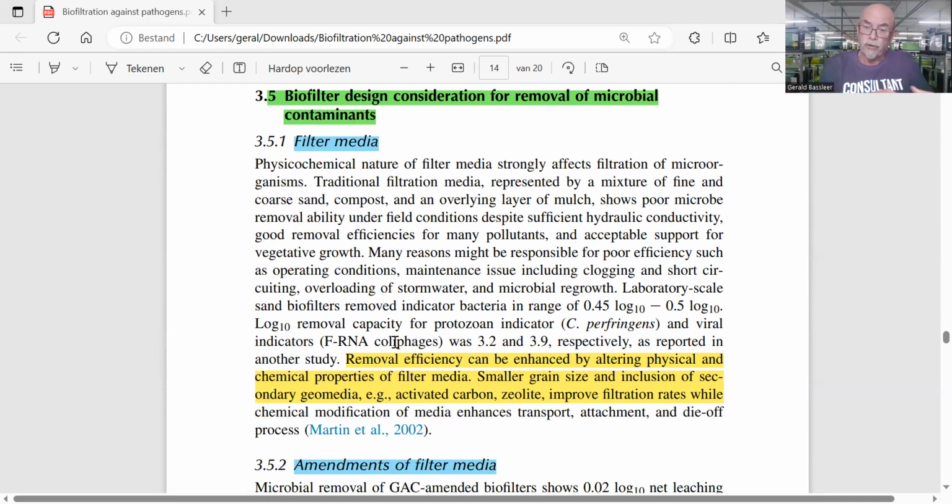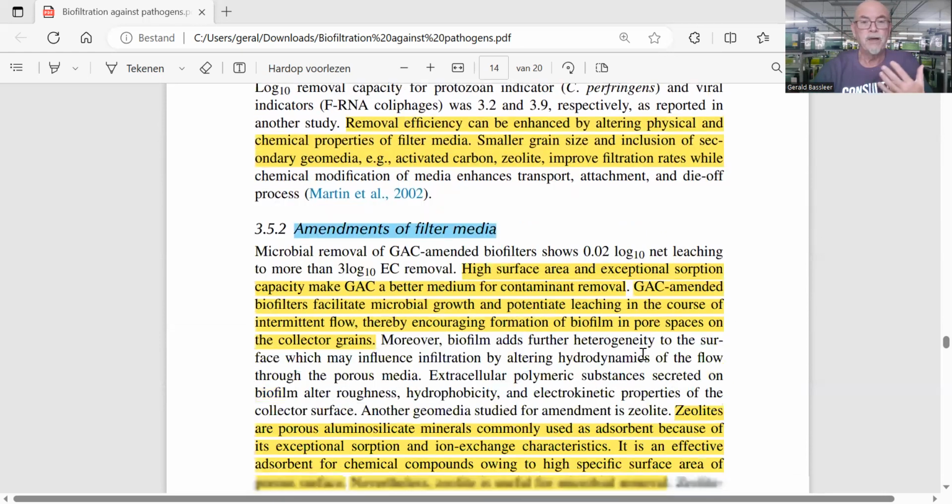So you have your sponge medium or your sand filter, then you add on the activated carbon or zeolite. Zeolite is something which is becoming popular in our aquarium hobby. Improving filtration rates, things like that, are helpful in the filter media.